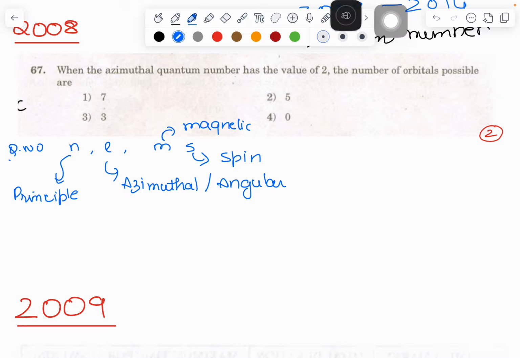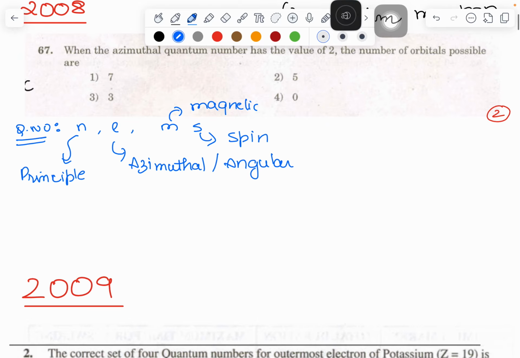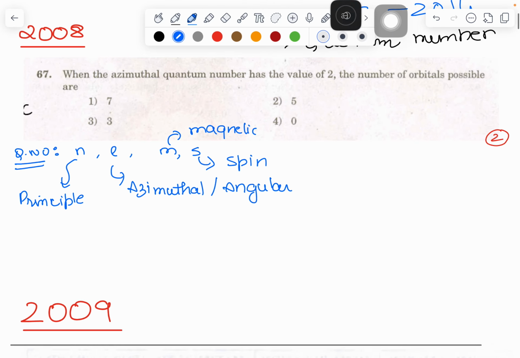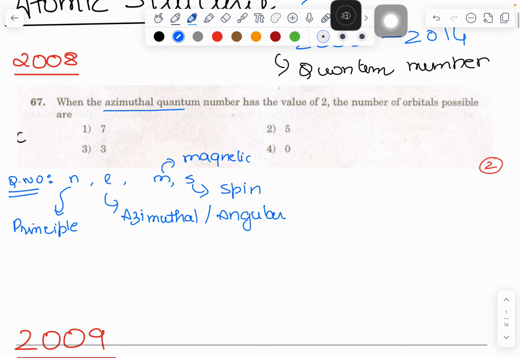These 4 quantum numbers define the address of an electron: N, L, M and S. N is called principal quantum number, L is called azimuthal quantum number, M is called magnetic and S is called spin. After that, let's see here, when the azimuthal quantum number has value 2, so L is equal to 2.